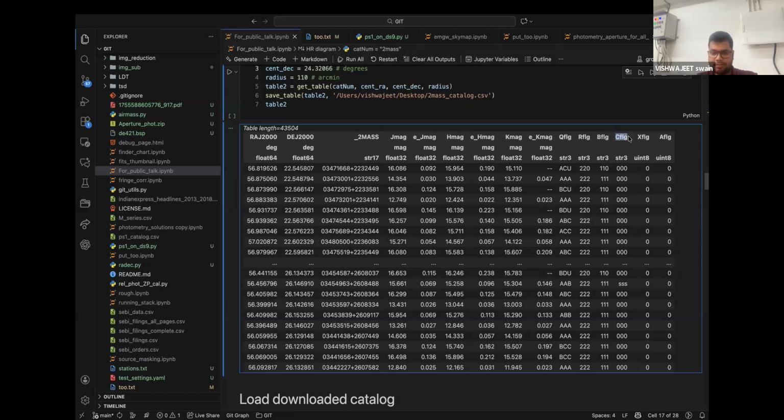This C is a contamination flag, and there are different flags. Currently I'm not aware of all the flags, but whoever is working on this particular catalog should search for what the meaning of each flag is, and what the flag should be if you want only the good sources.